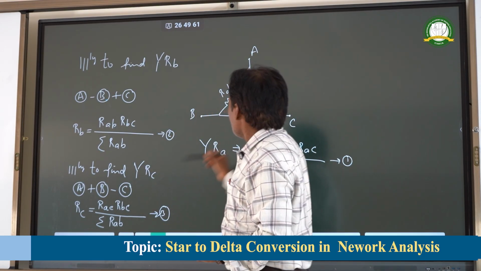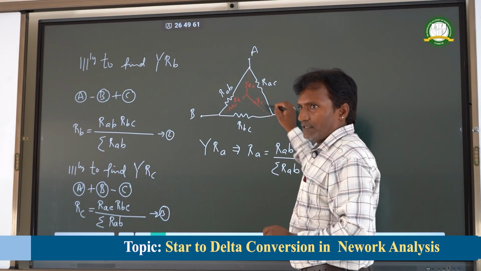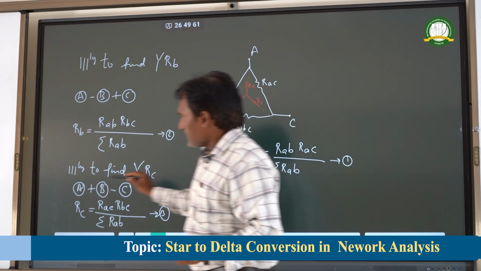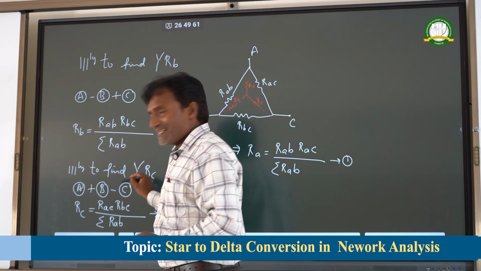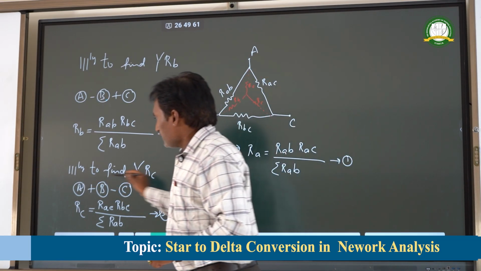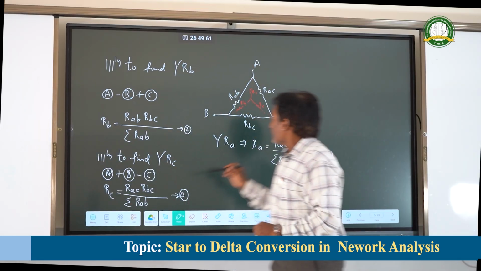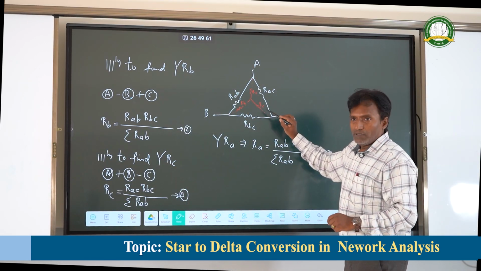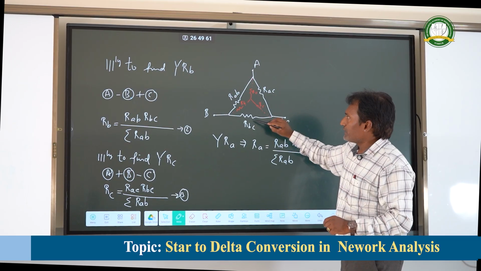And similarly to solve for the element RC of star, I have taken equation A plus equation B minus equation C. On solving this, I get RC. As I said, RC will be equal to the multiplication of the opposite terminals of delta.